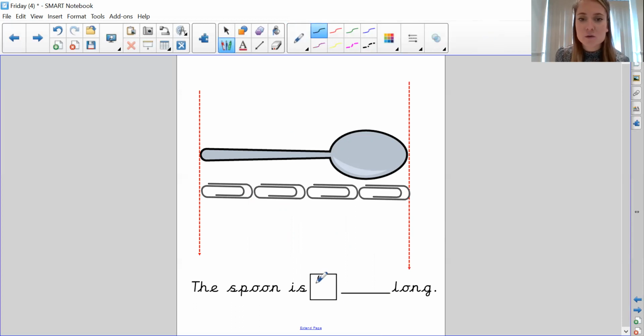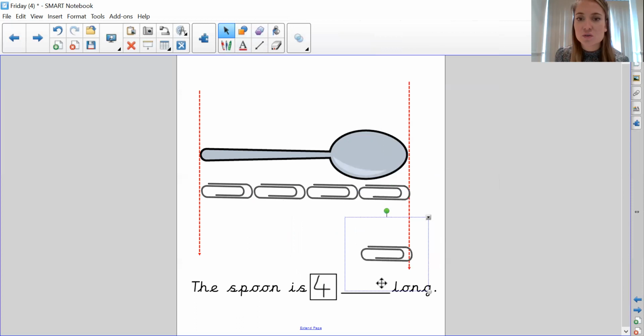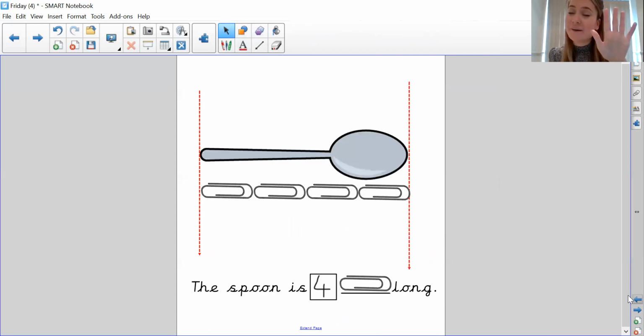So I put in here 4 paper clips long, and I could just draw a paper clip. I don't need to write paper clips, I could draw it. The spoon is 4 paper clips long. Okay, so you pause me now and have a go at measuring your spoon using something around your house, and then come back for our second task.